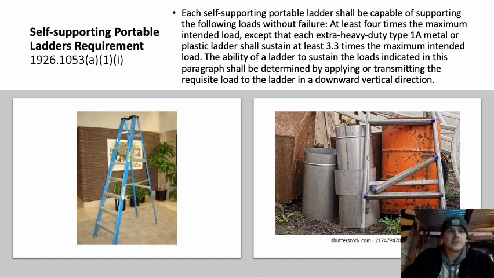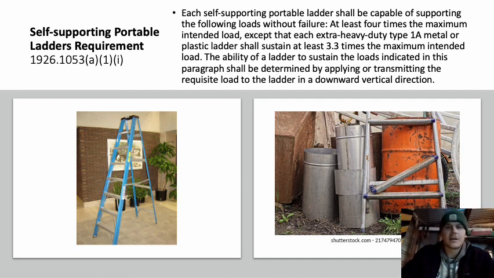All right, so next we're going to talk about self-supporting portable ladders. For this one, it says each self-supporting portable ladder shall be capable of supporting the following loads without failure: at least 4 times the maximum intended load, except that each extra heavy-duty type 1A metal or plastic ladder shall sustain at least 3.3 times the maximum intended load.